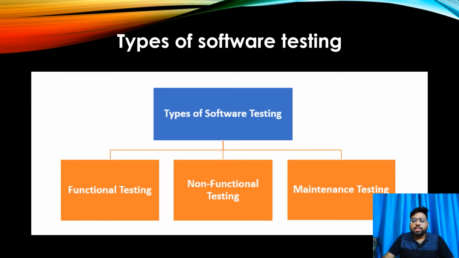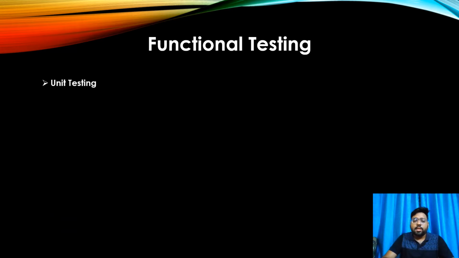Then we come to the types of software testing, and there are basically 3 types, as you can see: functional testing, non-functional testing, and maintenance testing. In functional testing, we have unit testing. I'll just basically name them. Unit testing comes under it.